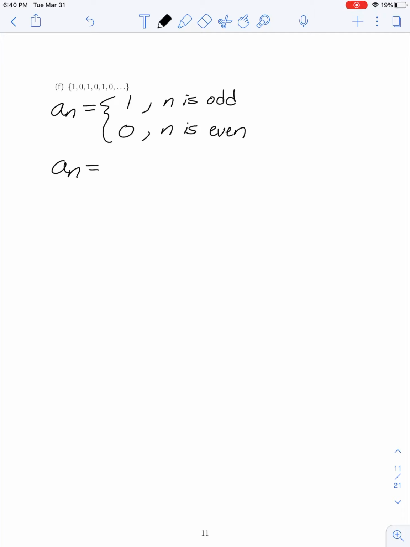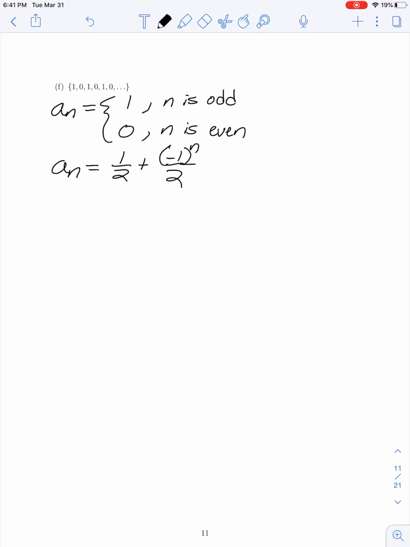Or we could use that same sort of approach that we had seen in our earlier example, where the numbers that are alternating in our sequence are oscillating around some central number. So here between 1 and 0, maybe 1/2 plus negative 1 to the nth power over 2.